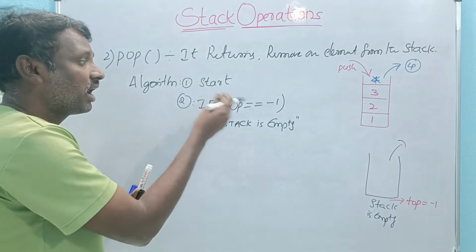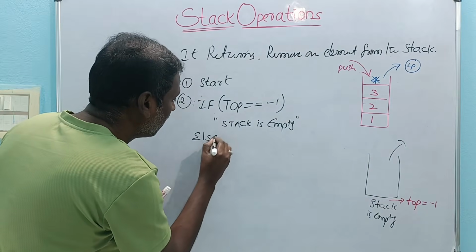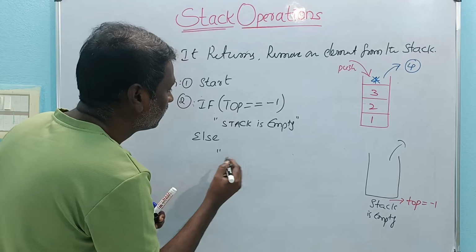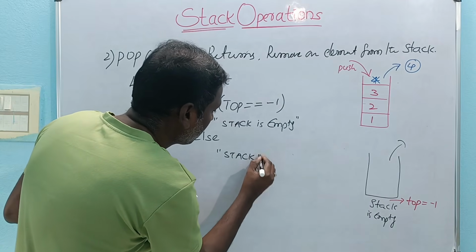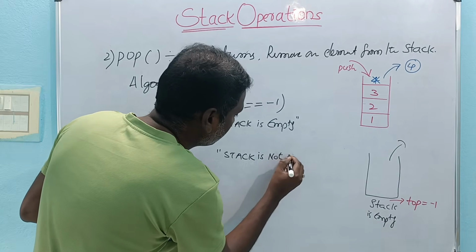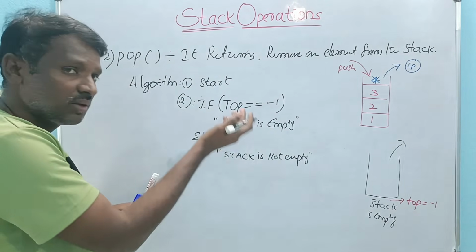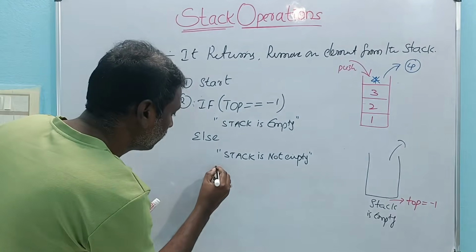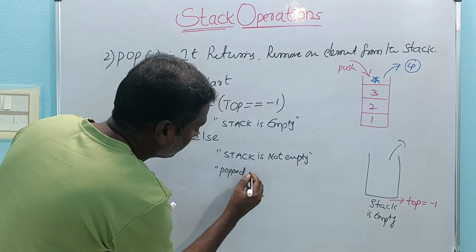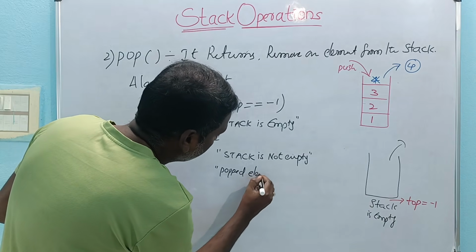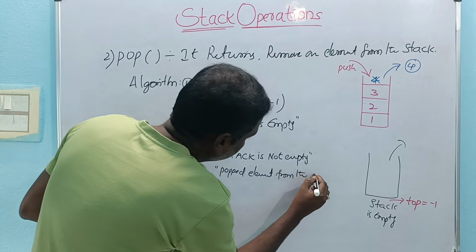Otherwise, if the stack is not empty, the stack has some elements. So else, the stack is not empty. Then it is possible to pop the element. So pop the element from the stack.